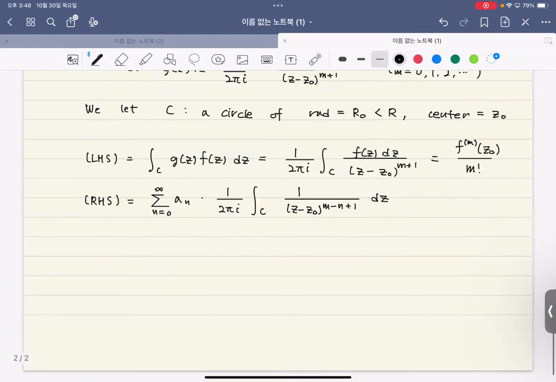So for this one, the integral is 1 if m minus n plus 1 is 1, and otherwise 0.